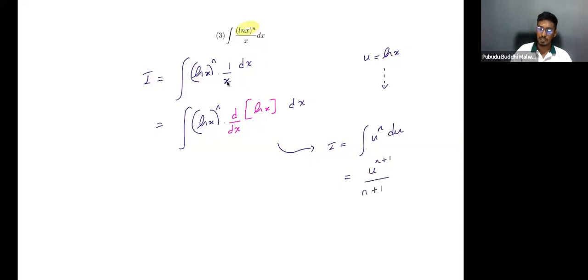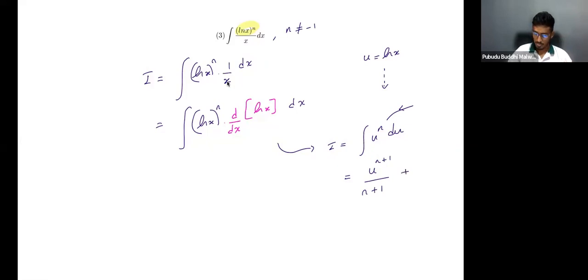Actually, I should mention here, n should not be equals to minus 1. There is a reason. Because we can't apply power rule of integration when n equals to minus 1. Right? We can discuss n equals minus 1 case separately.